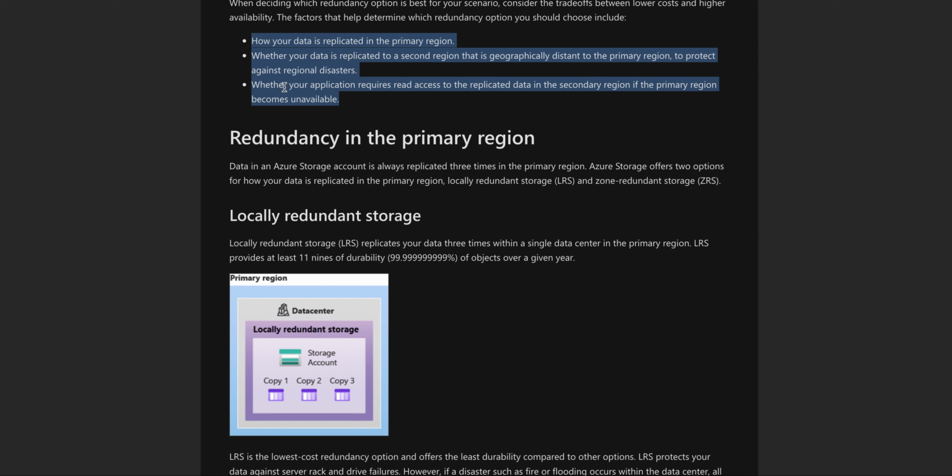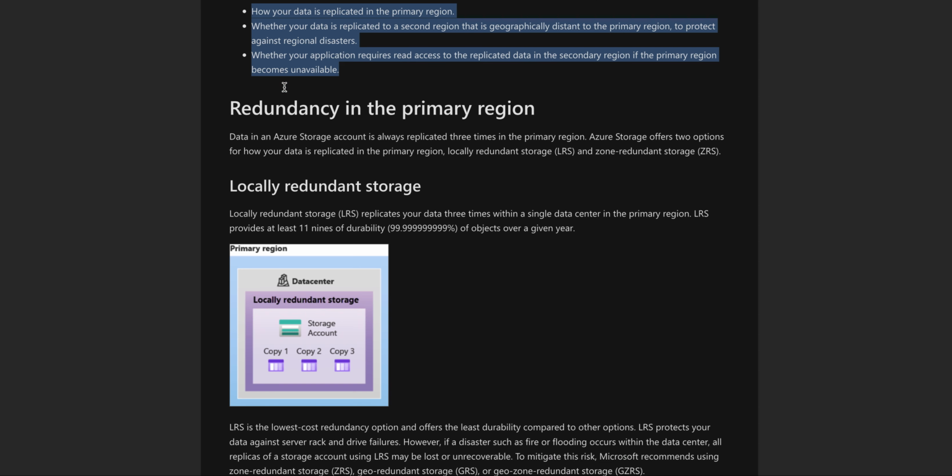So first is how your data is replicated in the primary region, whether your data is replicated to a second region that is geographically distant to the primary region to protect against regional disasters, right? So, even if the primary region fails, you still have the secondary region because data is copied to a secondary region, right?